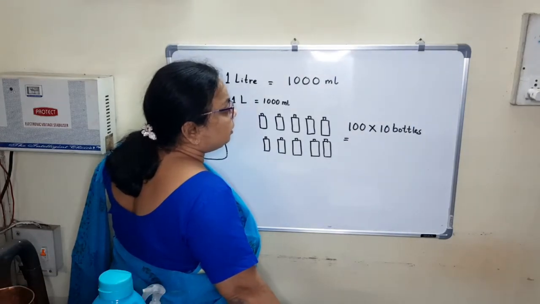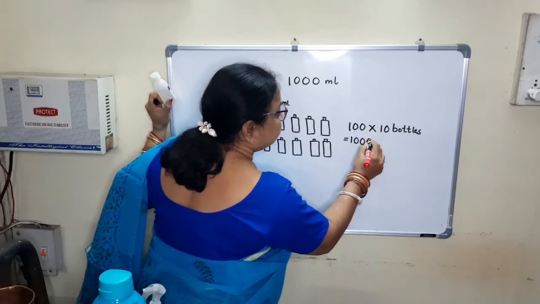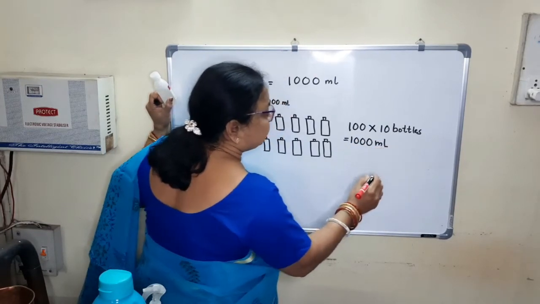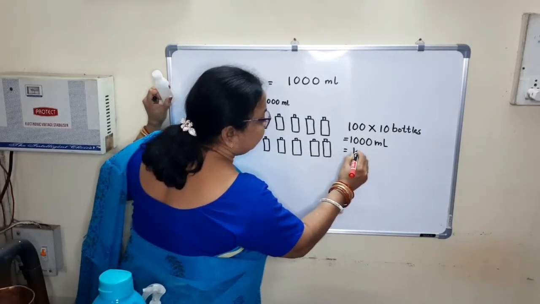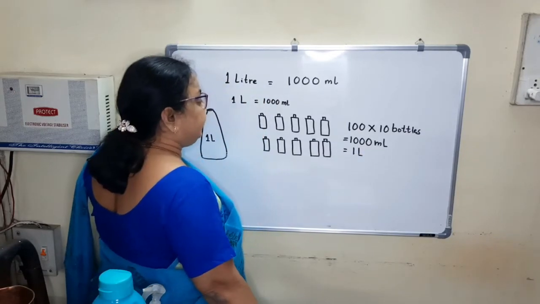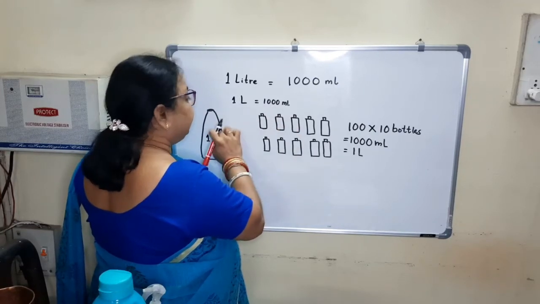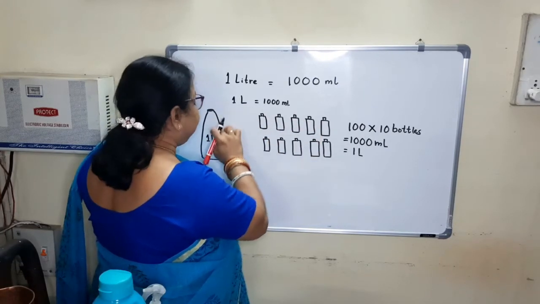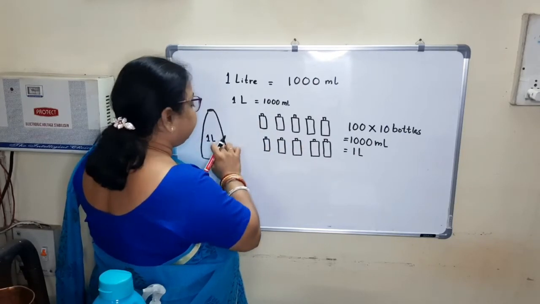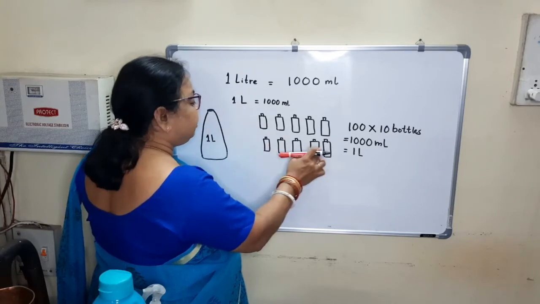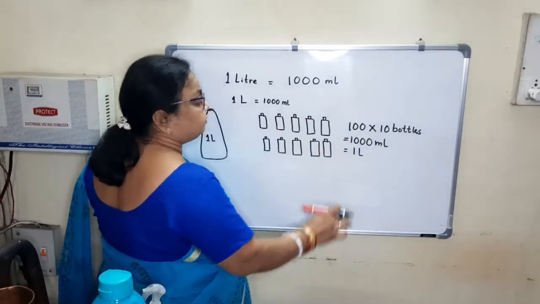So 10 bottles of this is equal to 1000 milliliter, equal to 1 liter. 100, 200, 300, 400, 500 milliliter, 600, 700, 800, 900, 1000 milliliter. This is the 1 liter.